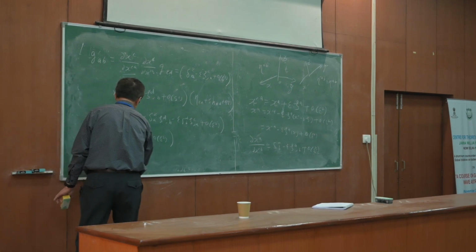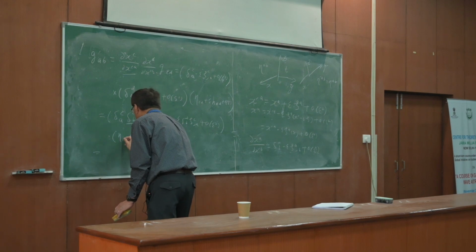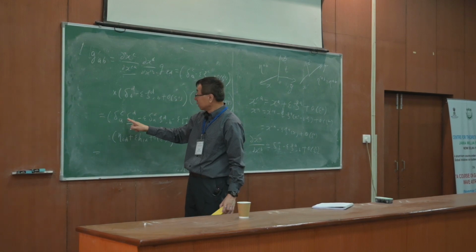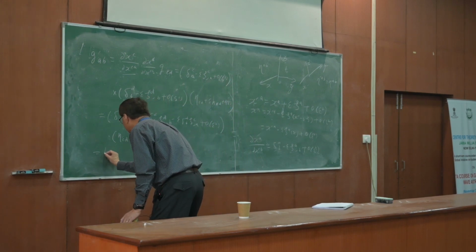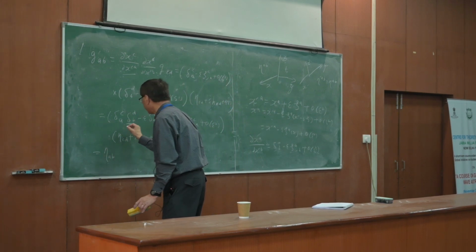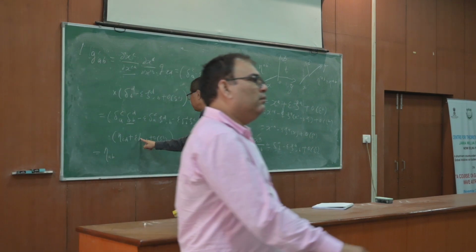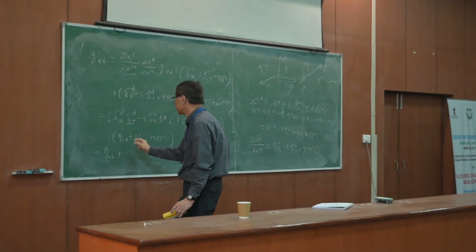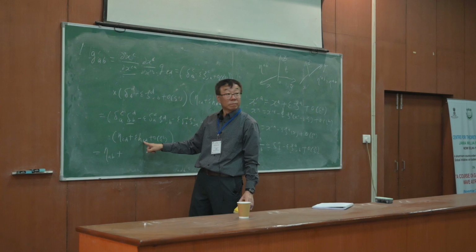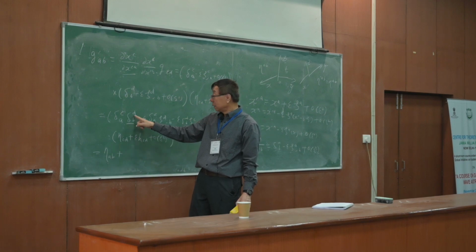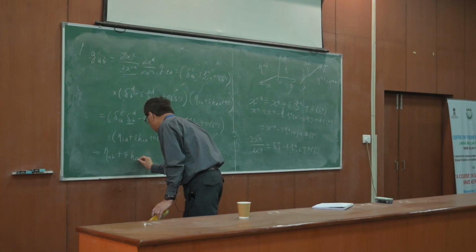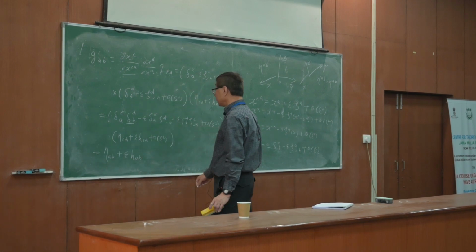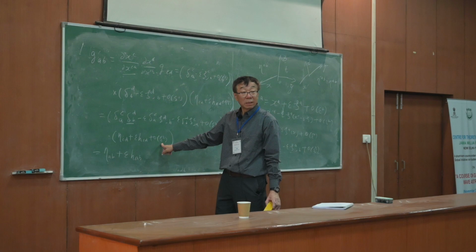This one multiplied by this one, C equal A, D equal B. So when I multiply this, I simply get eta AB, right? This multiplied by this one, plus C equal A, H A, D equal B, plus epsilon H AB. This will finish the second order.